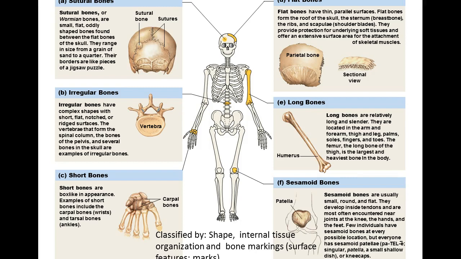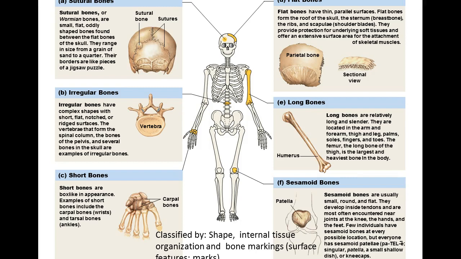We think of the arm bones, the leg bones, also the bones of the fingers and toes. These are all considered long bones. They tend to be the largest bones in the body, heaviest in terms of compact bone, and of course any muscle that attaches to a long bone is going to have a large range of motion, a large force of motion.